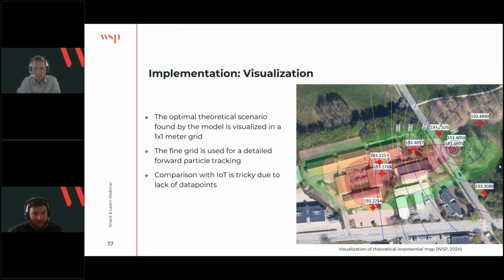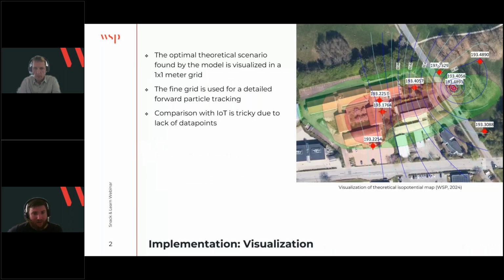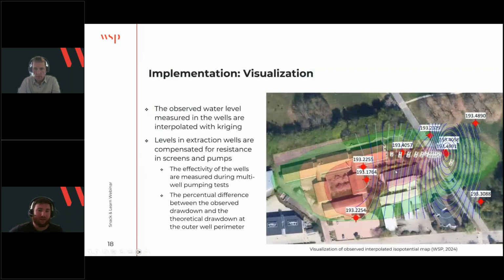So if we look at the observed one, here we can see all the red dots are the measurements from the observation wells, and the observed water level is then visualized through the interpolation. And as we can see, it doesn't look like the theoretical one.